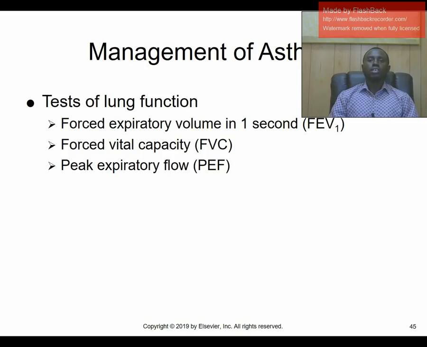When we are taking care of an asthma patient, we have to be using certain tests, and this course does not really focus on the management aspect because we just want to know about the drugs.